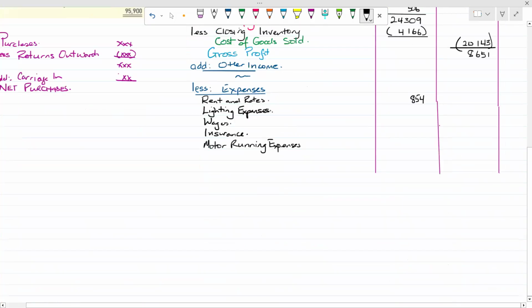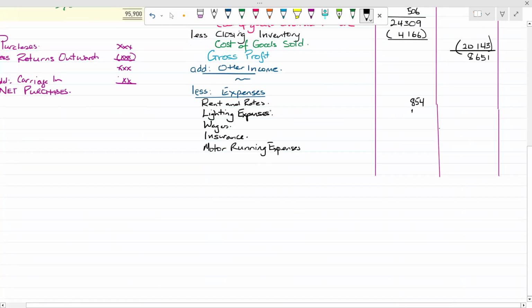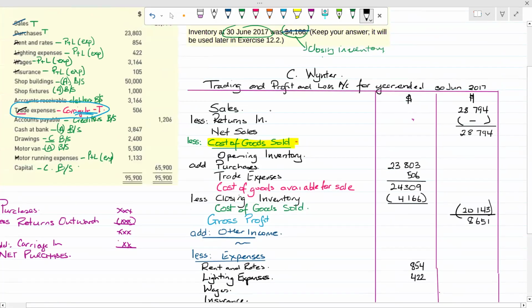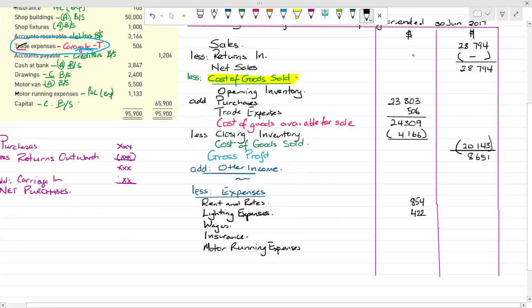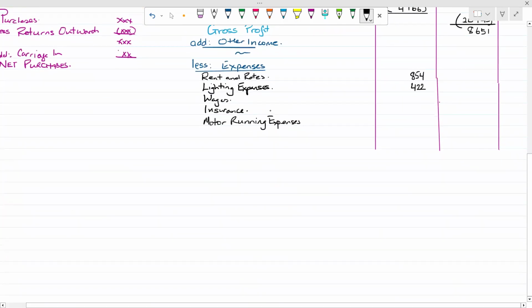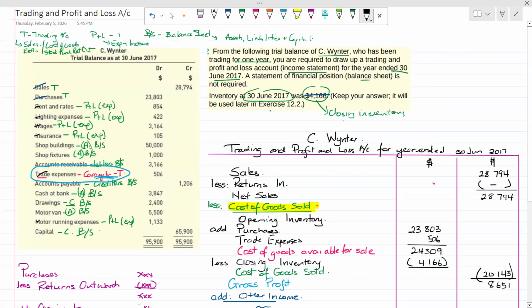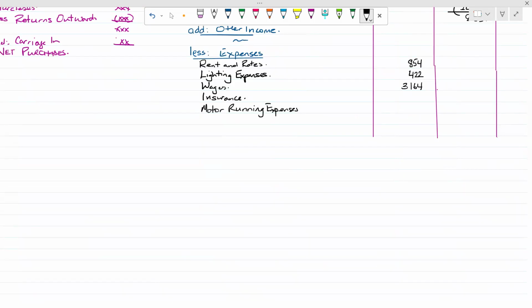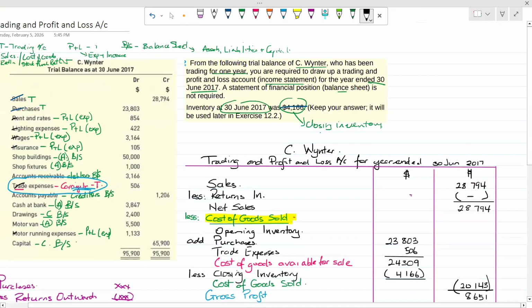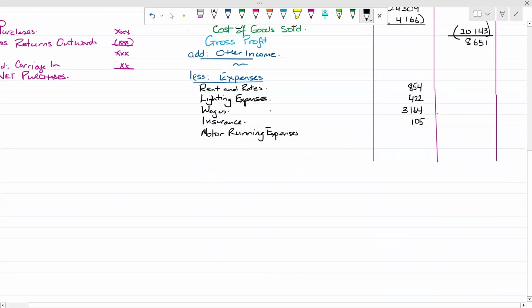Lighting expenses $422. Wages $3,164. Insurance $105. Motor running expenses $1133.